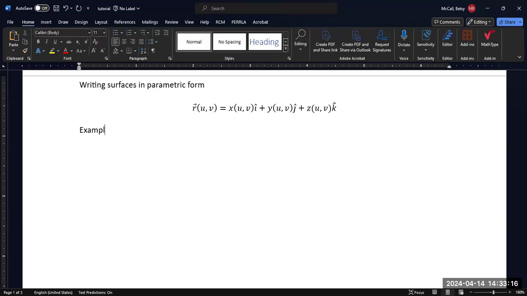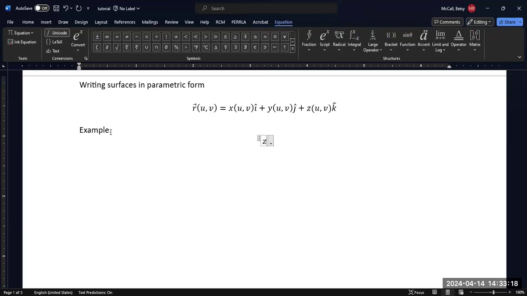Actually, let's switch it around. Let's say y is equal to x squared plus z squared. Now this is a paraboloid, but instead of facing upward, it's facing along the y-axis in this case.